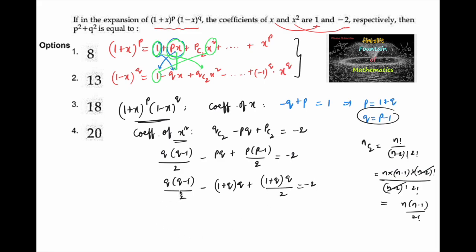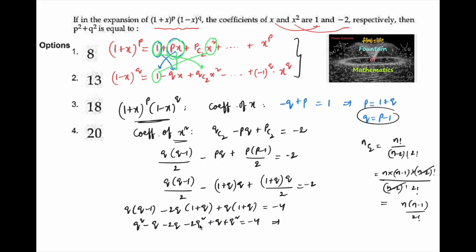Let us solve it. So q into (q minus 1) minus 2 times q into (1 plus q), and again plus q times (1 plus q), which is equal to negative 4. Let us simplify. q square minus q minus 2q minus 2q square plus q square plus q is equal to negative 4.